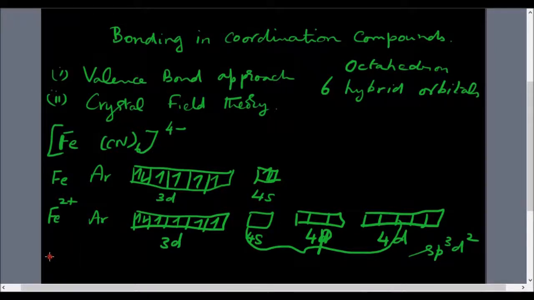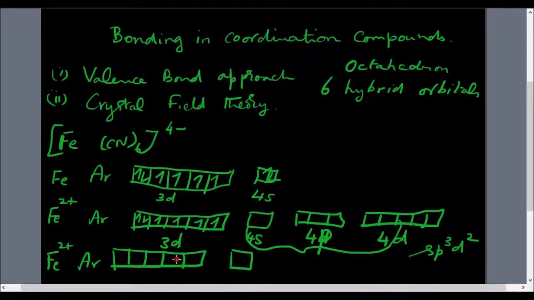The other possibility is we will take 2 orbitals of the 3d level. How do we take them? There are electrons present in all, but you know we can vacate the orbitals by pairing up the electrons. The 6 electrons can be present as 3 pairs, and 2 orbitals of 3d can be vacated, and there you have 4s and 4p.